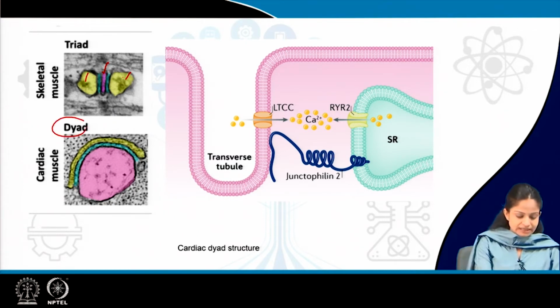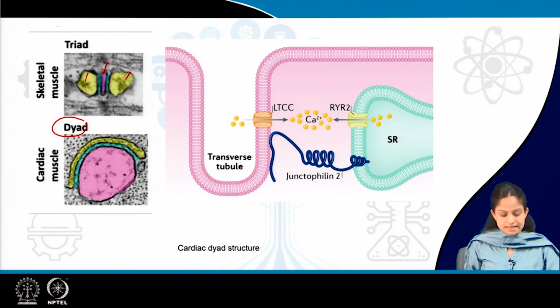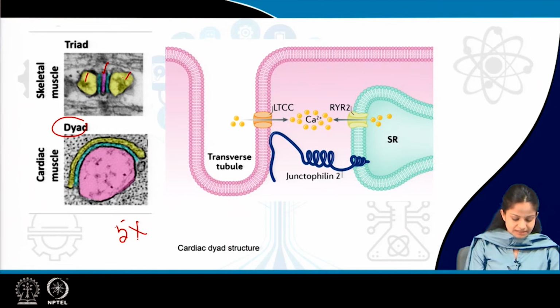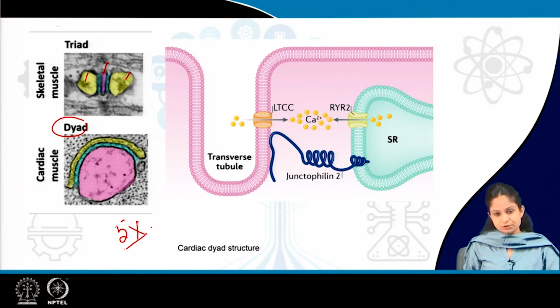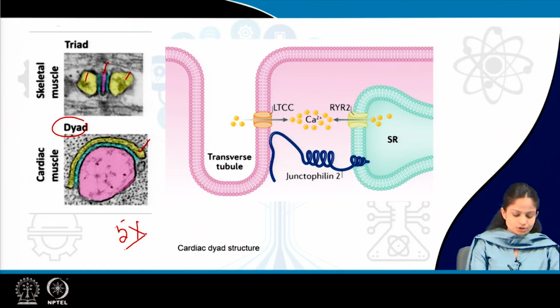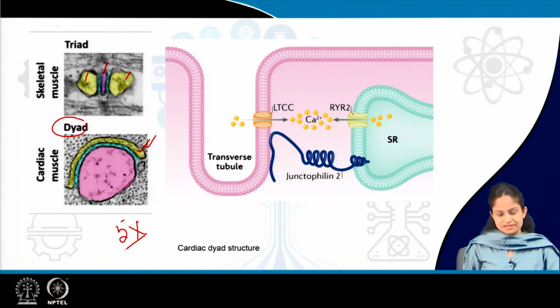In case of the dyad, which is seen in the cardiac muscle, the T-tubule is much larger in diameter. It is almost 5 times the diameter of the T-tubule in skeletal muscle, as you can see. And the cisternae of the sarcoplasmic reticulum is not as well developed as in the skeletal muscle.